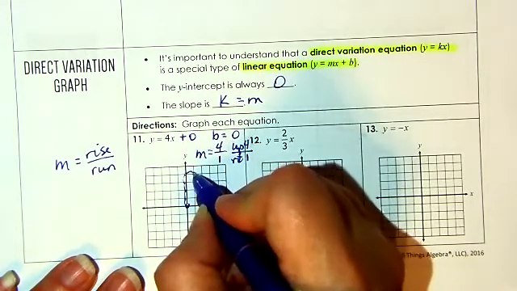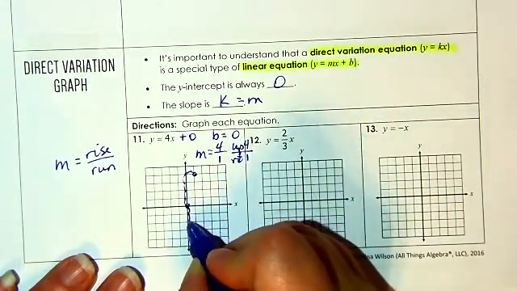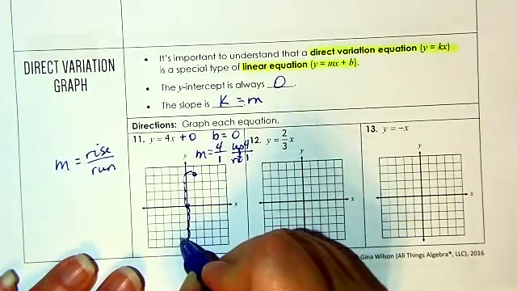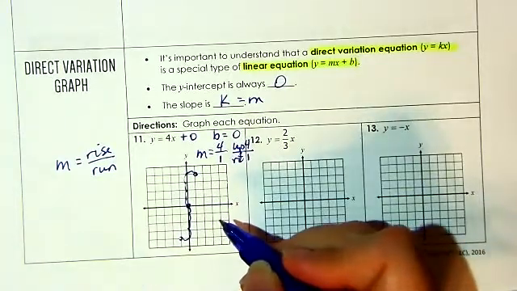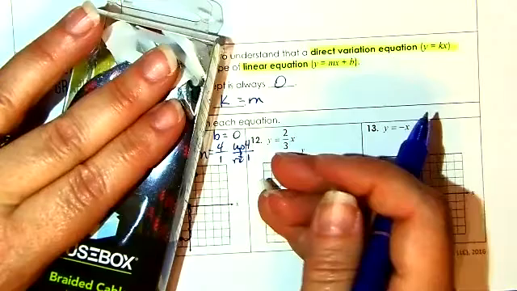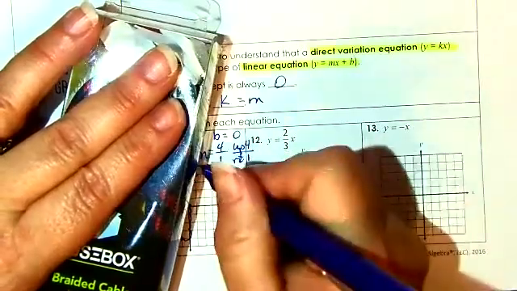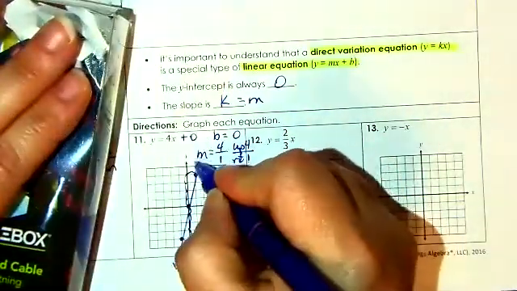To the right 1, there's my next point. It can always go in the opposite direction as well, because you want to be as accurate as possible. And your graph is to go through the entire line graph. Excuse me, this is my straight edge right here because I don't have a ruler and I want to be as accurate as possible. And there's my graph.